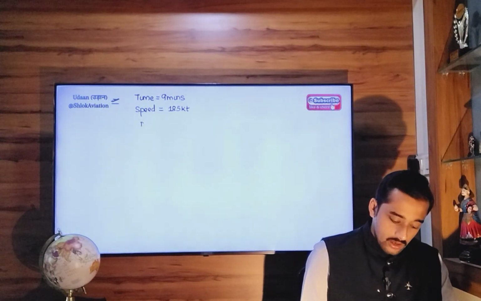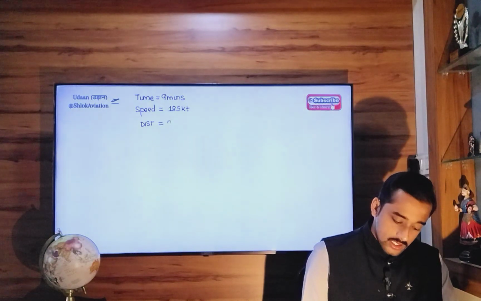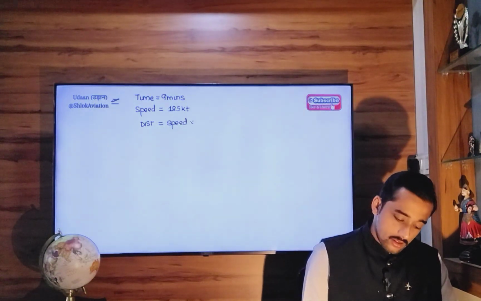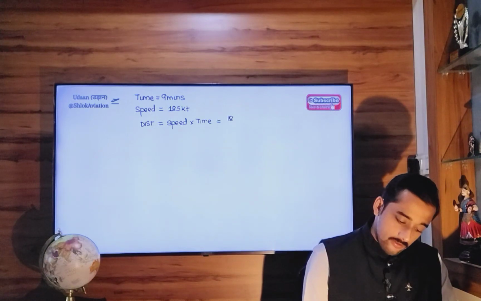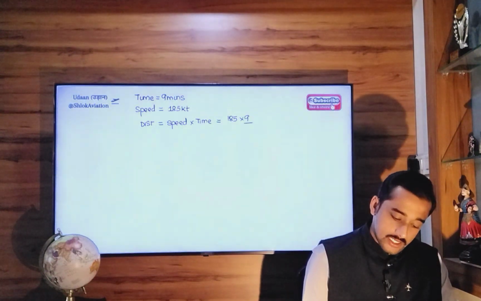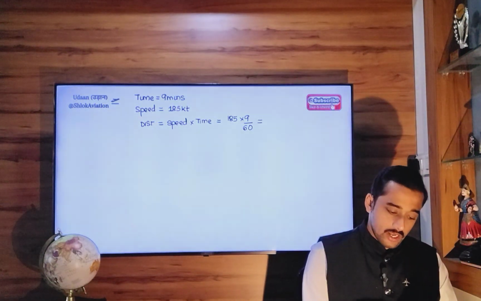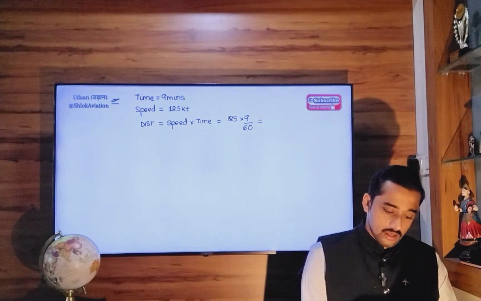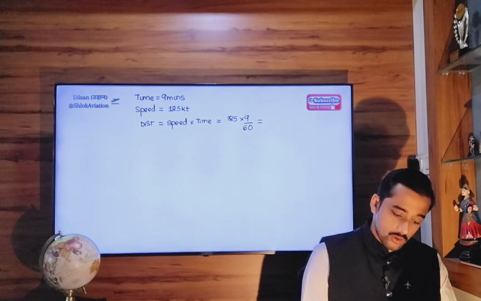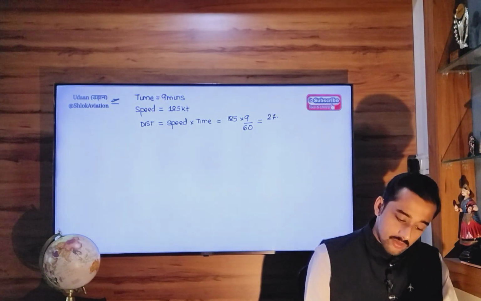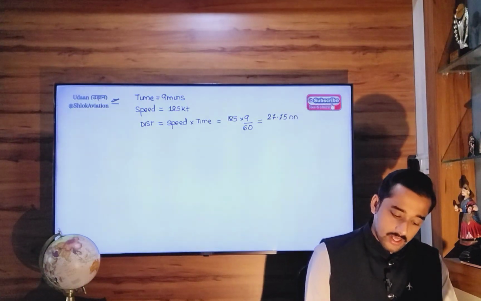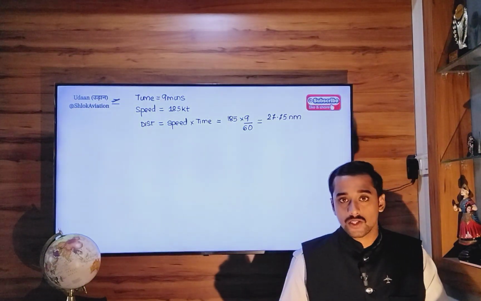So distance will be equal to speed into time. So 185 into 9 divided by 60 is equal to 27.75 nautical mile. This is nothing but your earth distance, right?